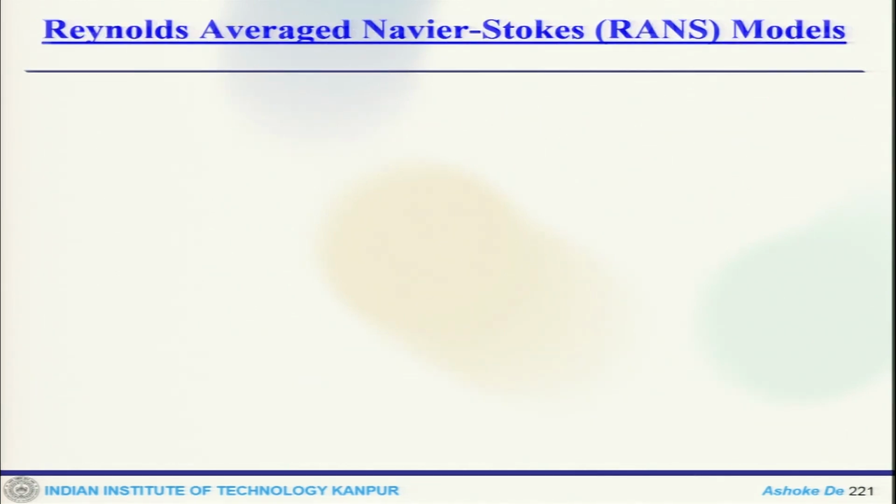Now, if you go to RANS, RANS has quite a bit of advantage over DNS and LES. It is less expensive. Typical engineering flows can be quickly solved, and a quick solution can be obtained.